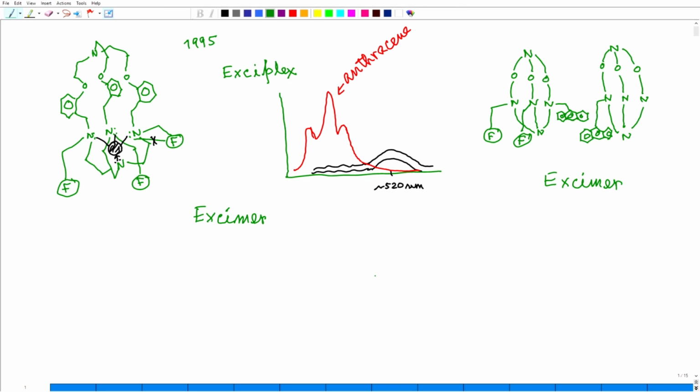For a moment just believe that this is excimer. If this is excimer, then with concentration it should increase, but as a matter of fact it does not. So, that is why you must separate excimer from exciplex like this, using concentration.